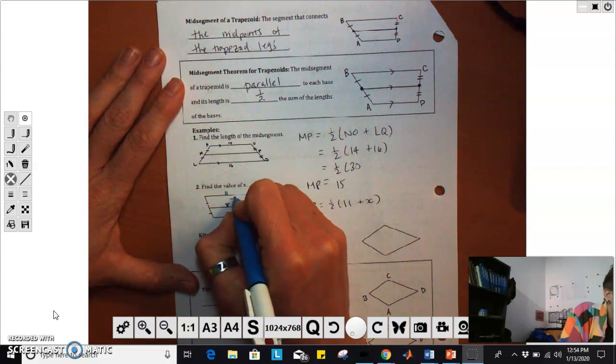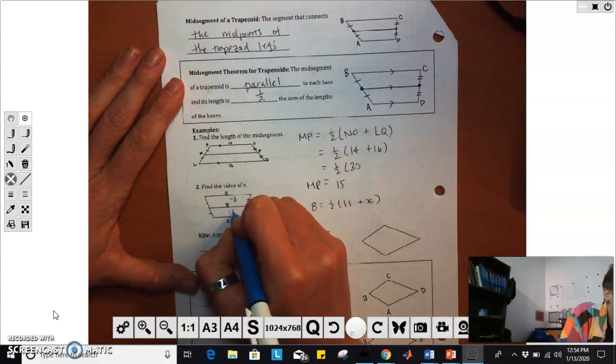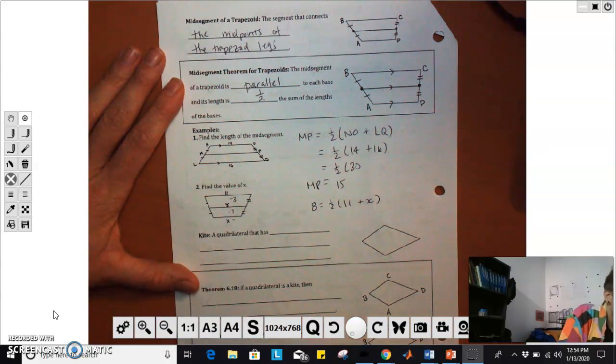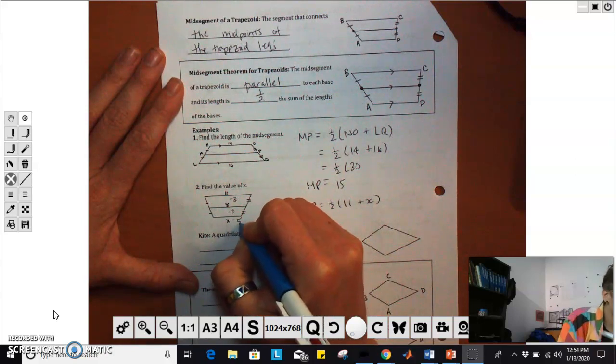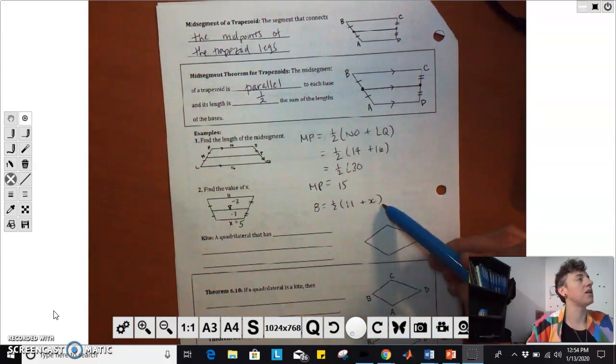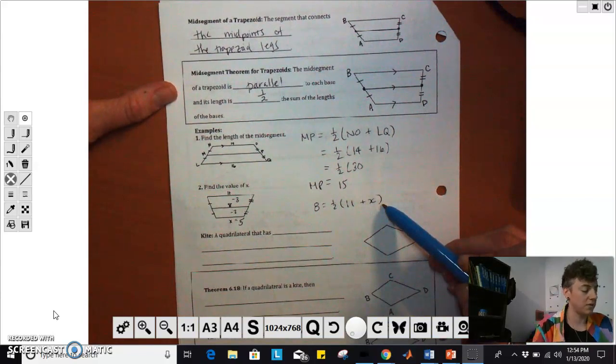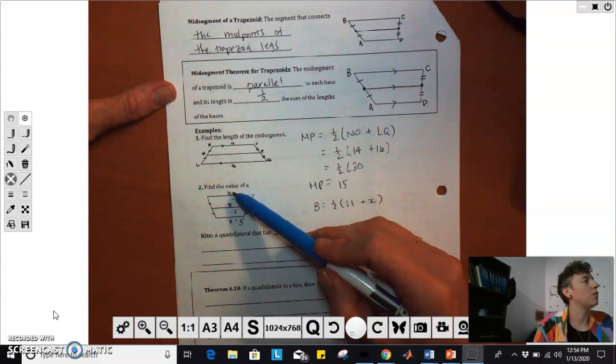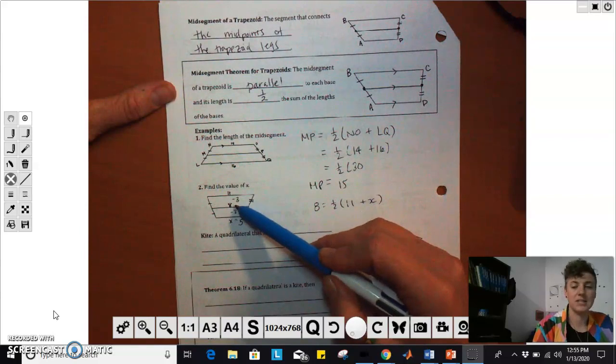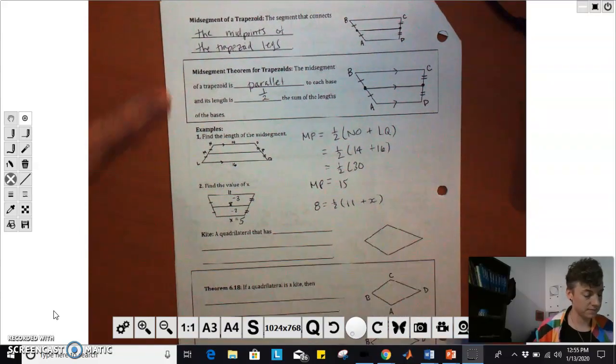So we could do that same thing. 11 minus 3 is 8. Minus 3 again. What's x going to equal? 5. You could solve this equation for x, or the simpler way, figure out how to move from one base to the mid-segment, and the mid-segment to the other base.